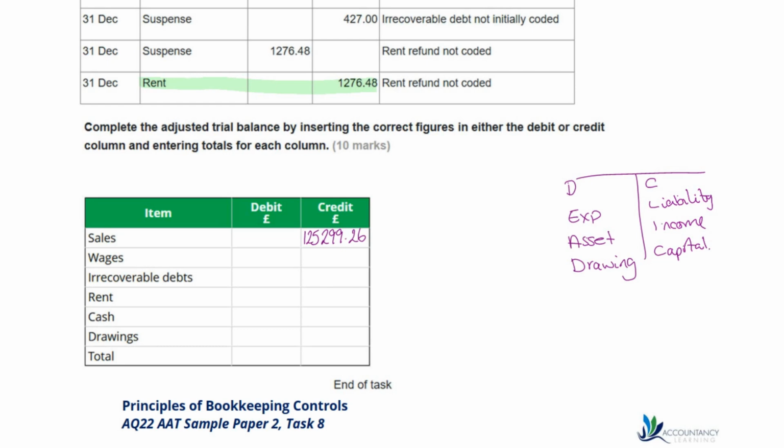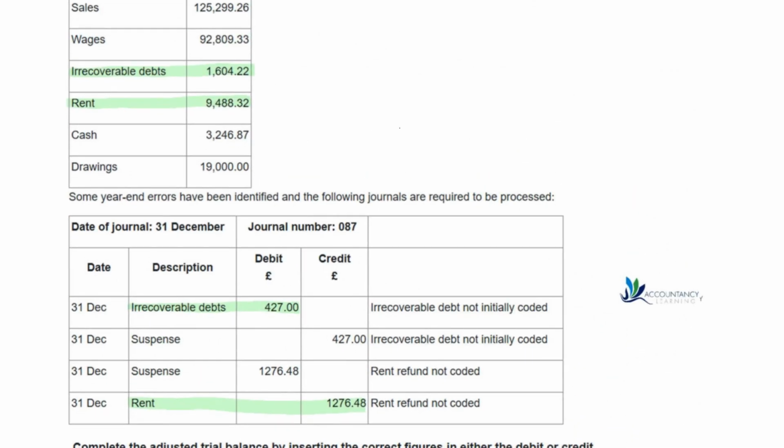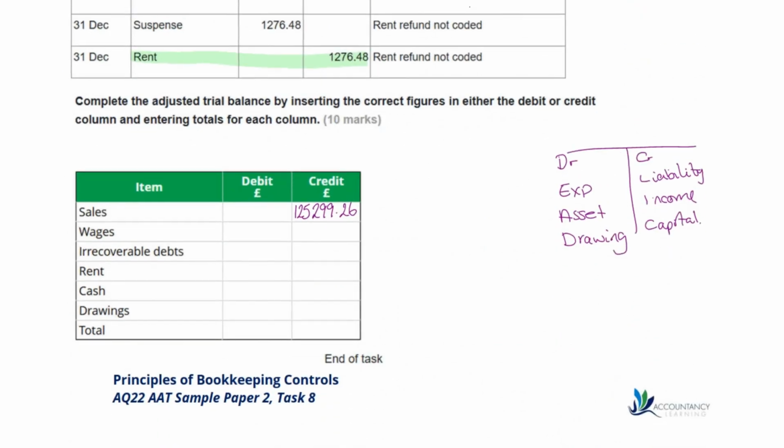So our sales is income, so it sits on the credit side. Next we've got wages at 92,809.33. So wages is an expense account, so that's on the debit side. So we can put that in here.